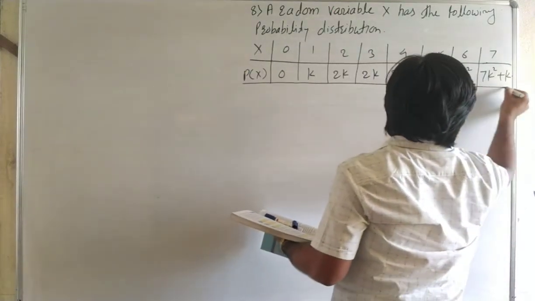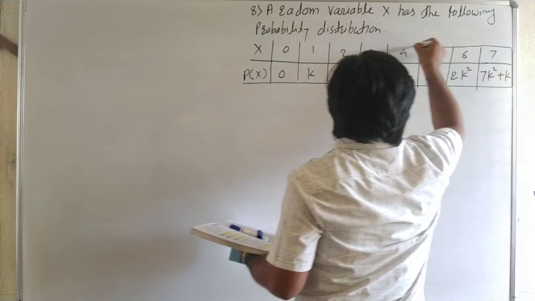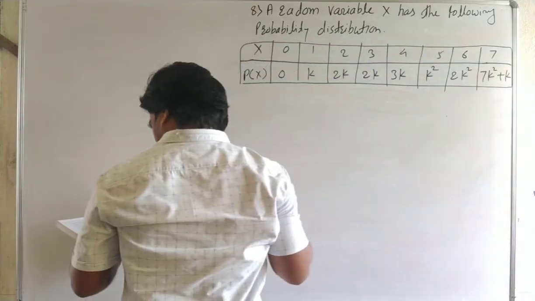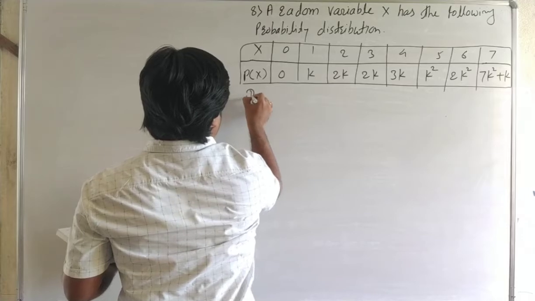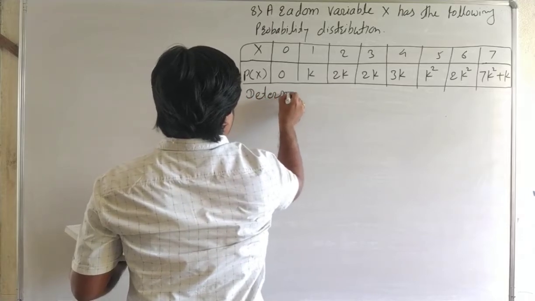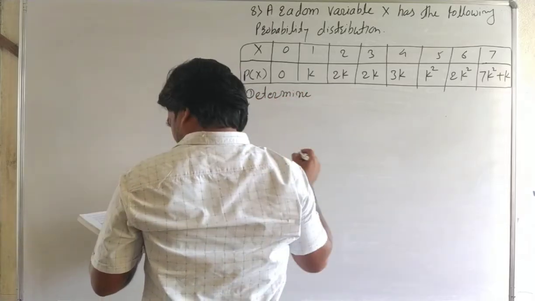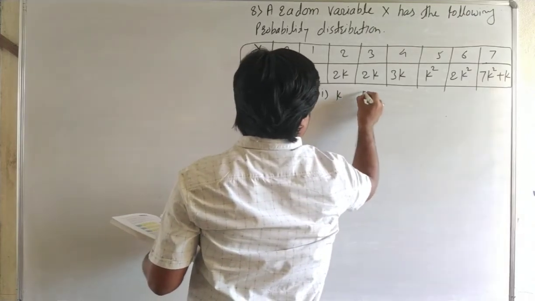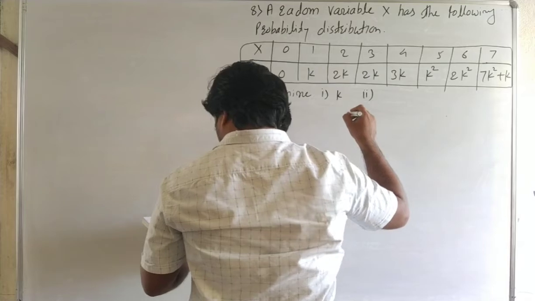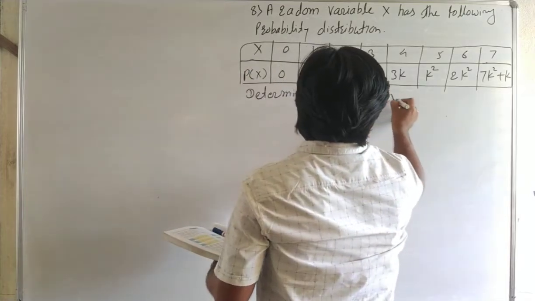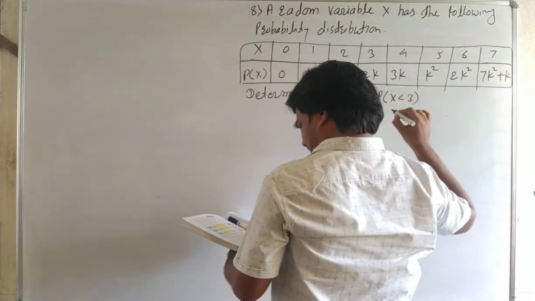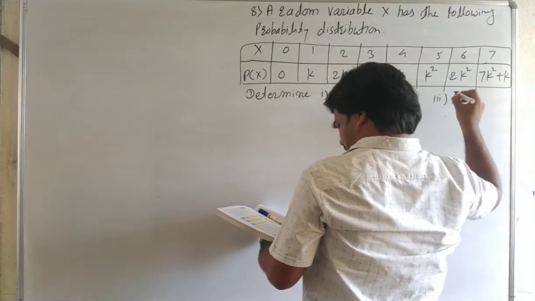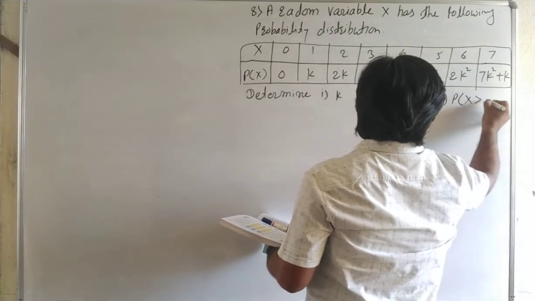This is the given probability distribution. Then determine: number 1, the value of k; number 2, probability of X less than or equal to 3; and number 3, probability of X greater than 4.